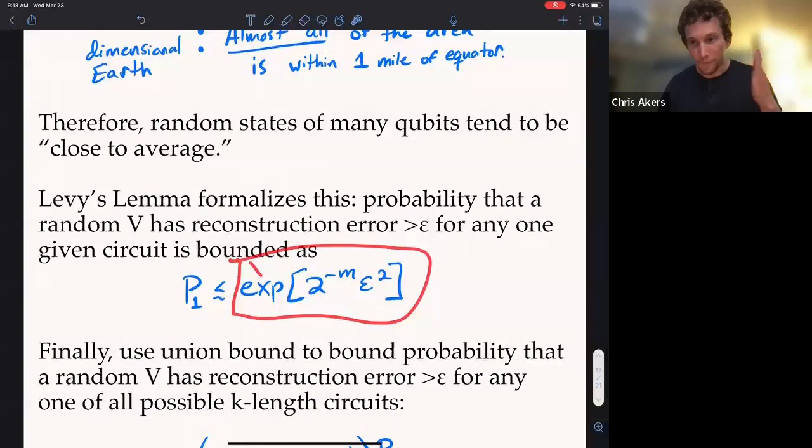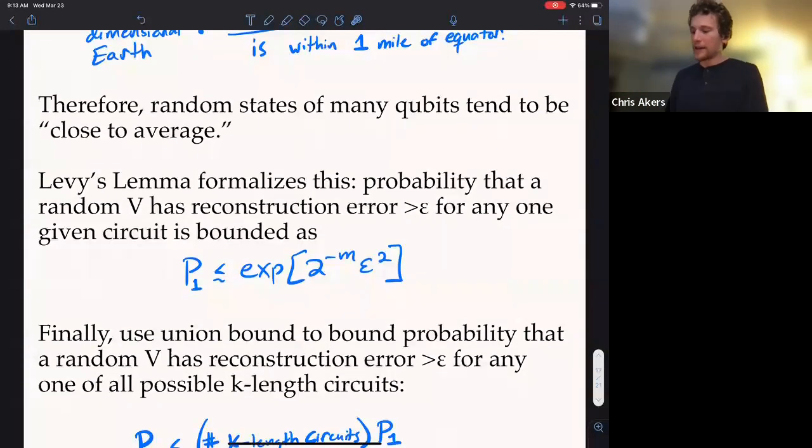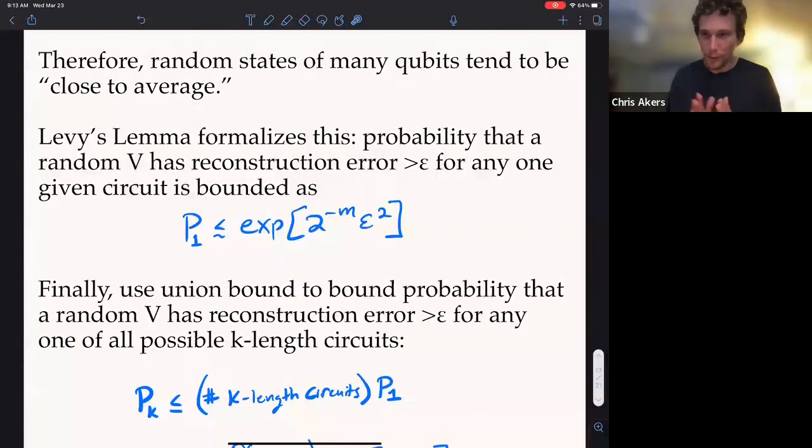Okay. And now finally, we're not interested in reconstructing just one circuit. We want to reconstruct all circuits of sub-exponential length, or all circuits of length k. And so what's the probability that we can't do that? Let's call it pk. It's bounded from above by the probability that you can't reconstruct a given circuit, times the number of circuits you're trying to reconstruct.